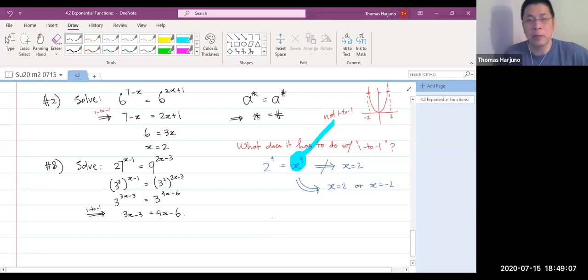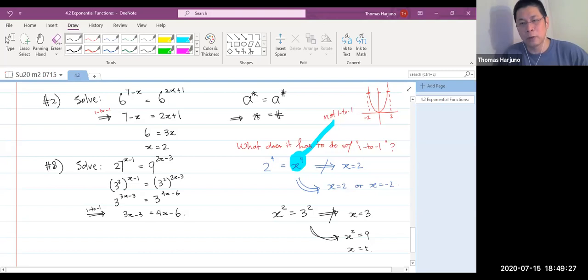Just imagine another example, when x squared equals 3 squared. Dare you not say x equals 3 only? No, that's not true. In fact, the proper way to solve that is x squared equals 9, and then we apply the square root property. Don't forget the plus minus.